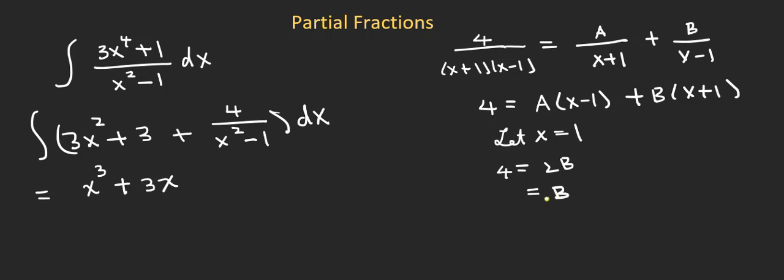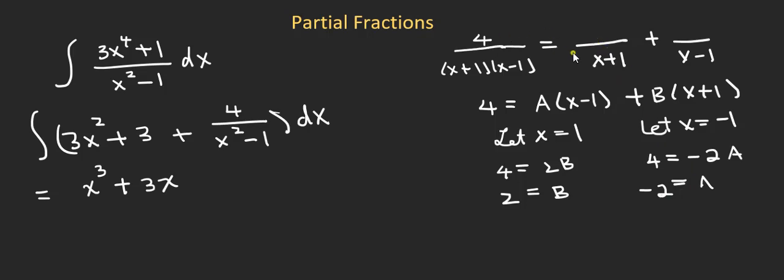This means b is 2. What about let x equals negative 1. So 4 is negative 2a. So a is negative 2. So your a is negative 2. Your b is 2.